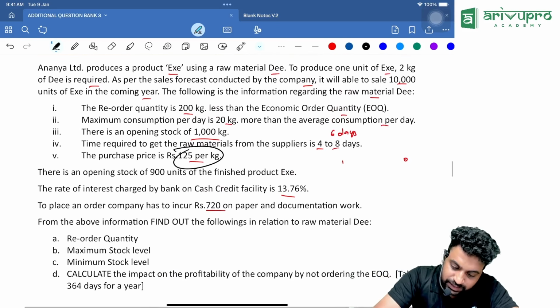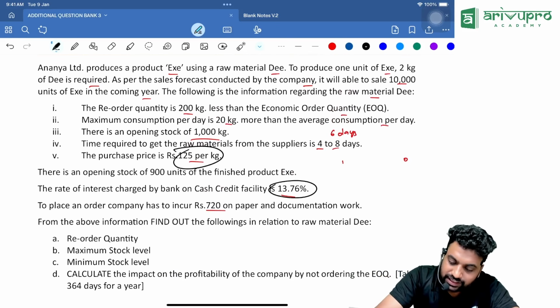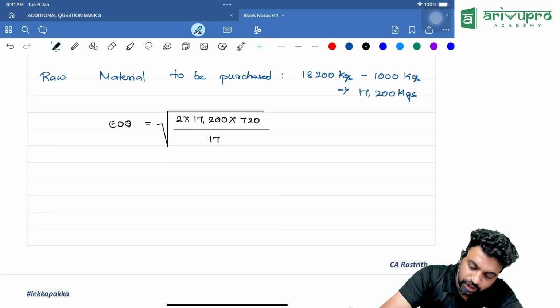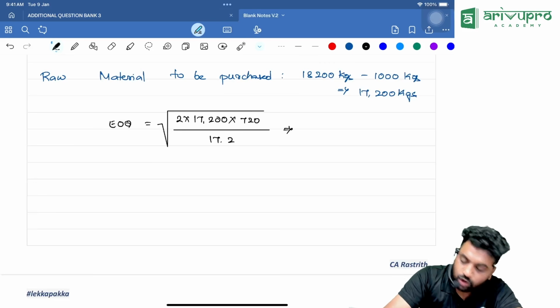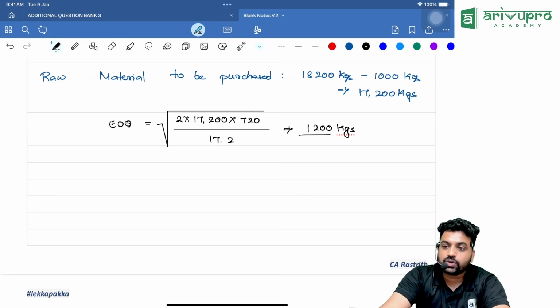Rupees 125 is purchase price into 13.76 percent. How much is it? Your EOQ is 1,200 kgs. Anyone any doubt in this?